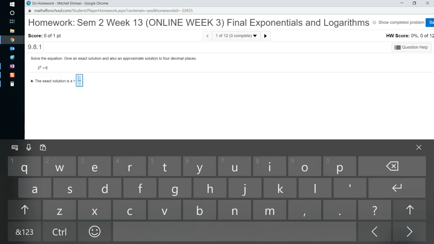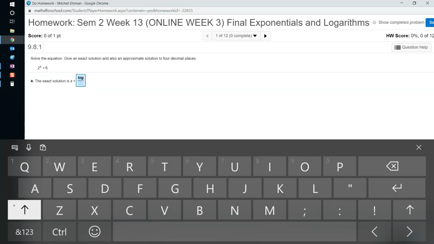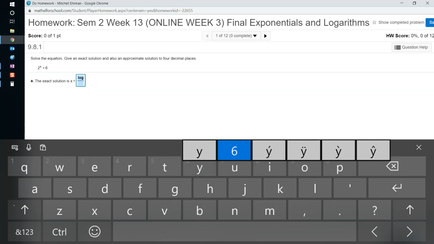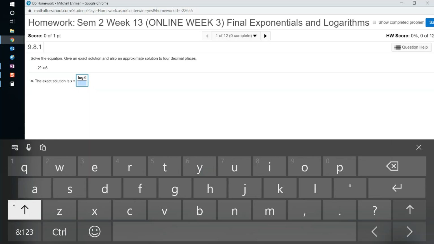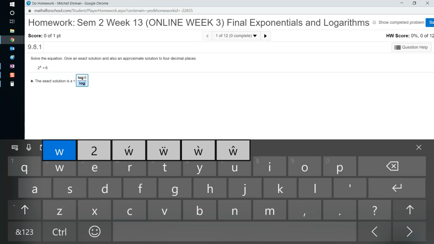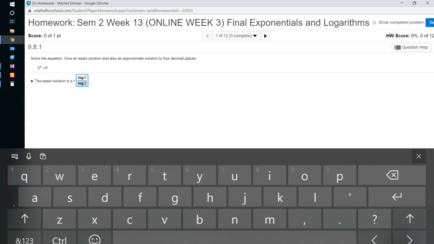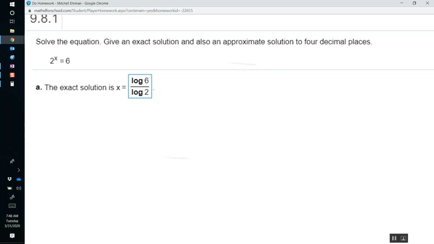And in the numerator, we'll type log of 6. And in the denominator, we'll type log of 2. And that's the exact solution.